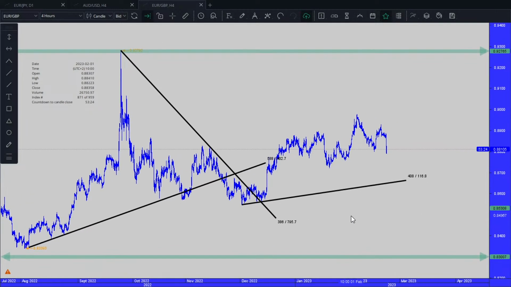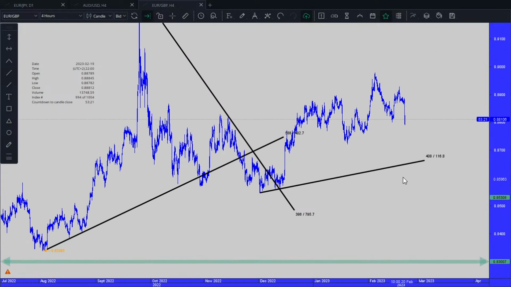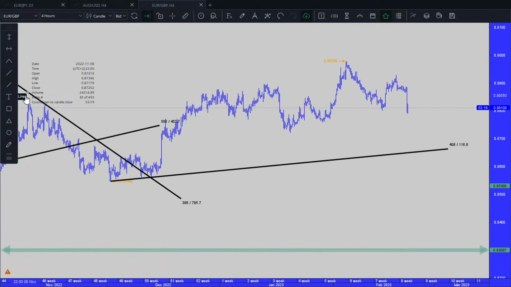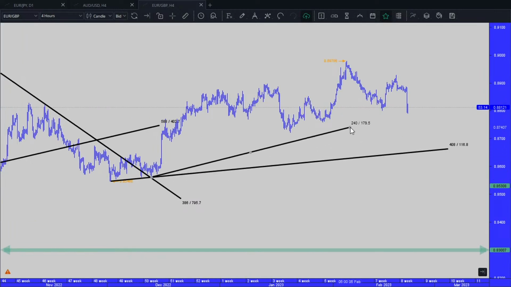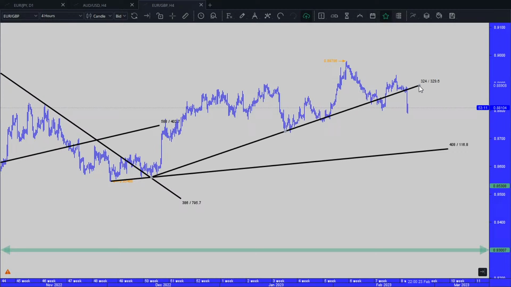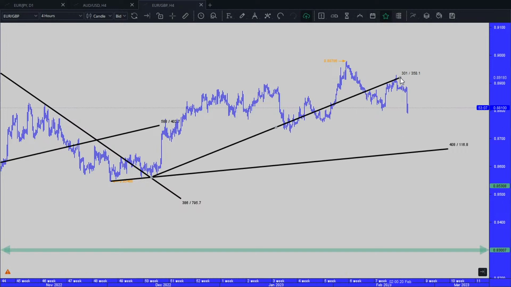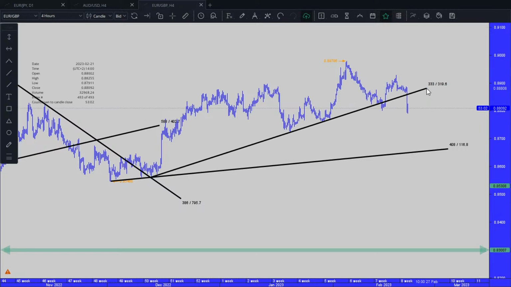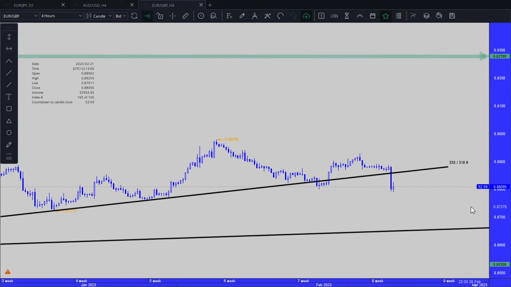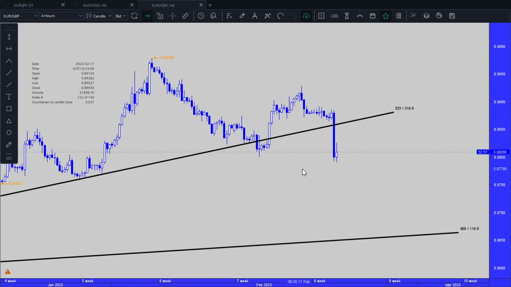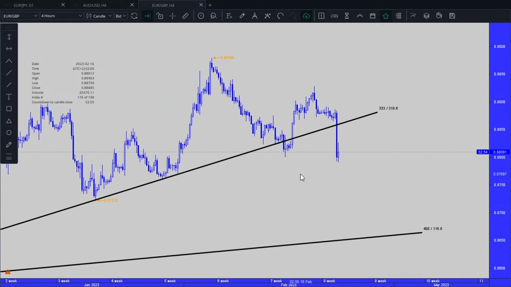Still in an uptrend, and this would be one, and this would be the second one, like this. Cannot break candles, something like this, right? Starting from here to here, higher highs, higher lows, and we are here right now. It made just for a few pips a lower low, and now we have this downtrend line too.